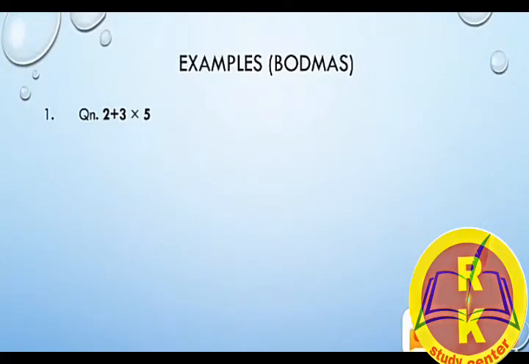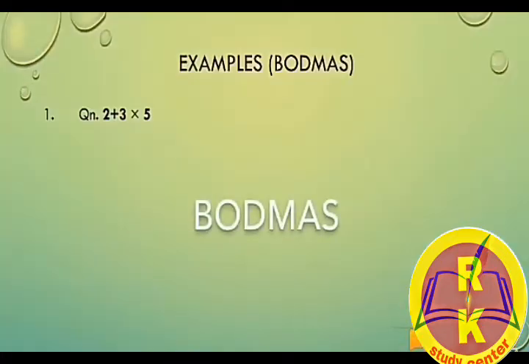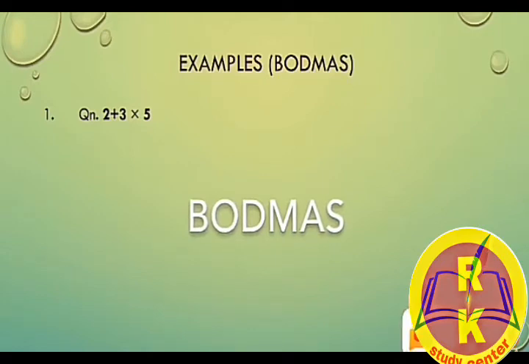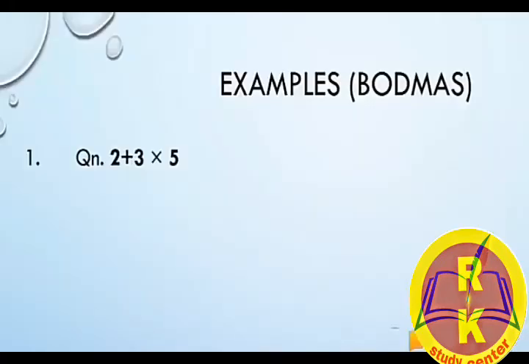You can see in BODMAS, M comes before A, that is, multiplication comes before addition. So we have to do the multiplication first. 3 into 5 is 15. Then addition. 15 plus 2 is 17. So the answer will be 17.